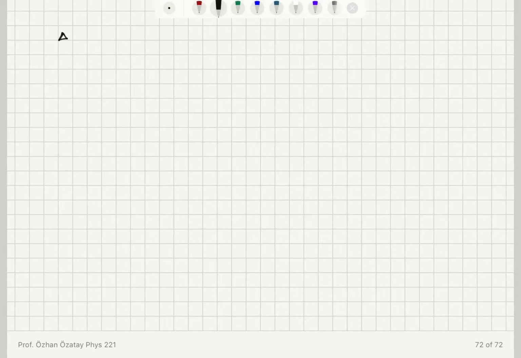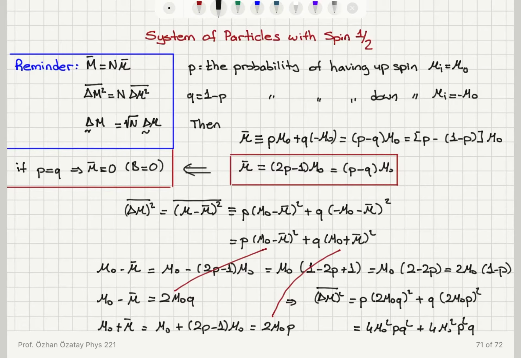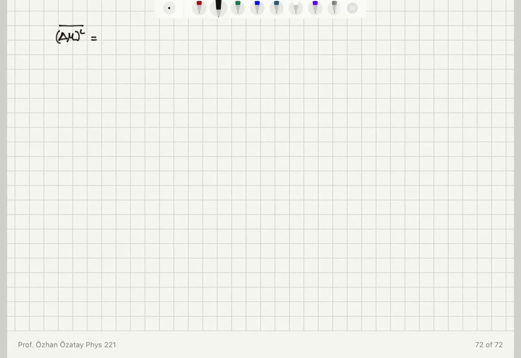I find the variance or dispersion of magnetic moment per spin to be 4 mu 0 squared pq times (q plus p), but q plus p is 1. So therefore my answer for the variance of magnetic moment per spin is 4 mu 0 squared p q.